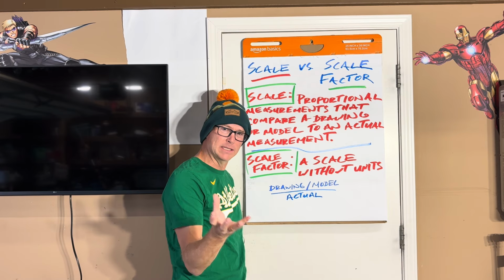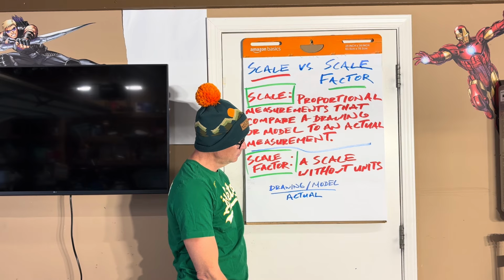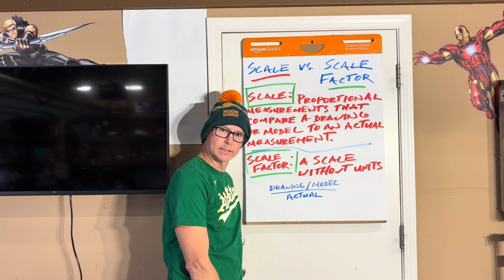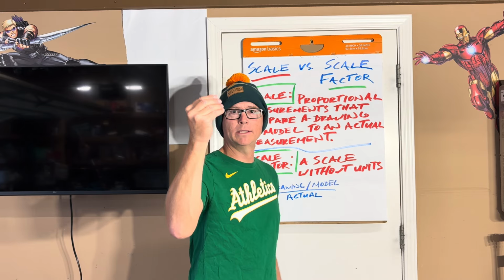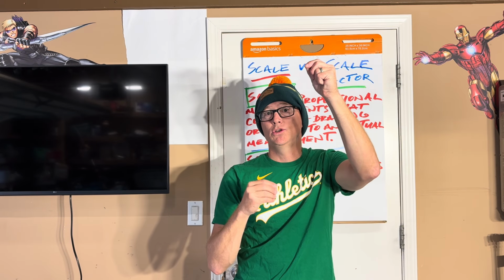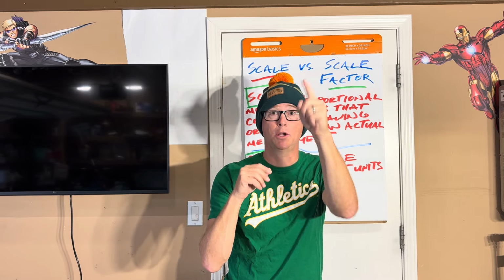That's the big difference here, because the scale factor is a scale without units, okay? It doesn't matter what the units are. It could be 1 to 12, which means 1 mile to 12 miles, 1 foot to 12 feet, 1 inch to 12 inches. It doesn't matter what the unit is, it's just no units, okay?